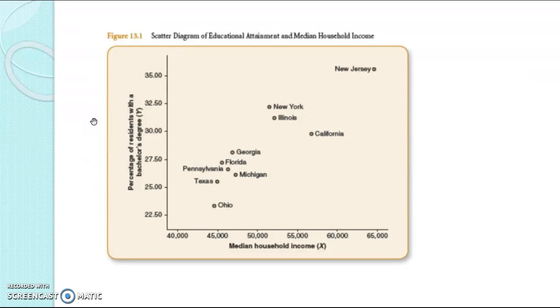Okay. Already talked about this, so you might also see this graphically. So this figure is looking at different states, the percentage of residents in the state that have a bachelor's degree, and the median, as opposed to the mean, household income. So similar to one of the examples I had before.